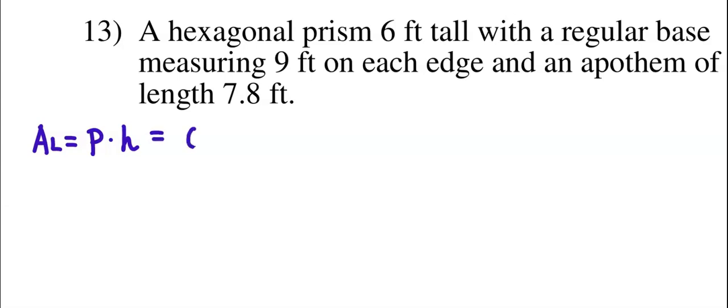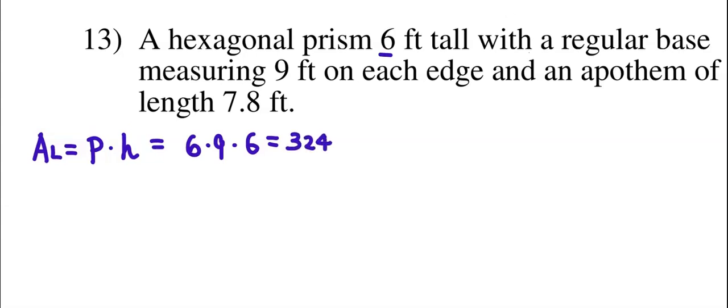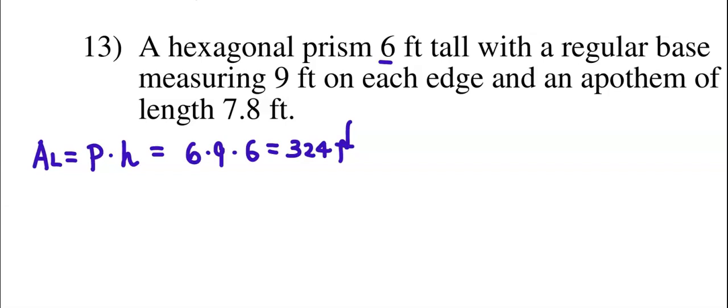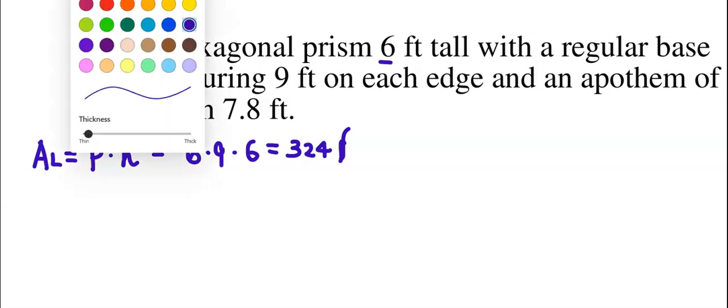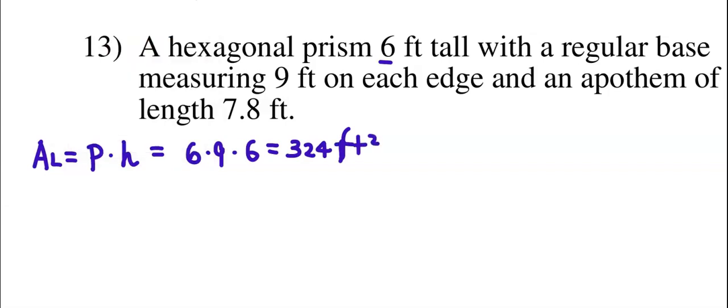The perimeter is 6 times 9, and the height is, where are you? Oh, okay, the height is right here, 6 feet tall. Okay, and now I have 324. Oh, that's a funny writing here. That's okay, we can erase it and do it again. Okay, that is the lateral area.